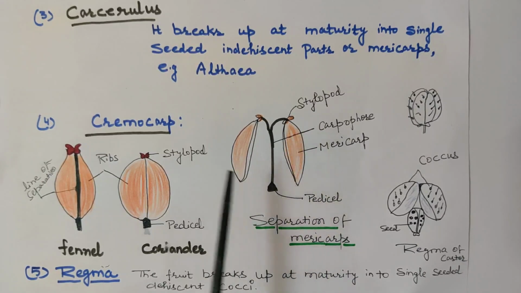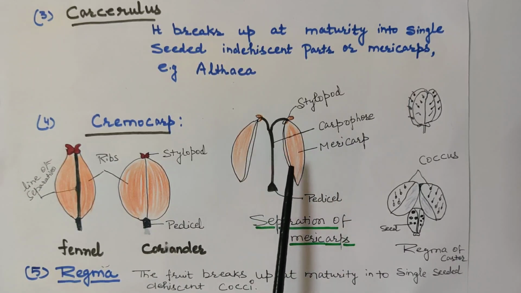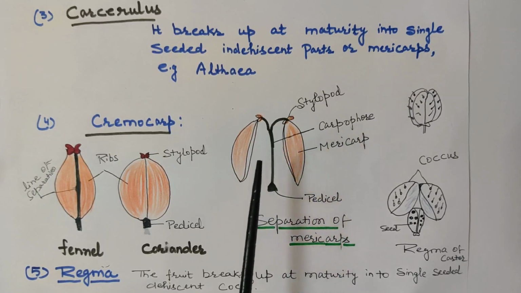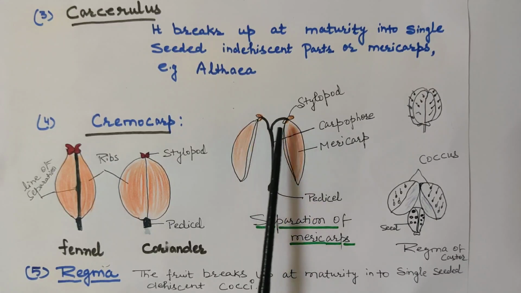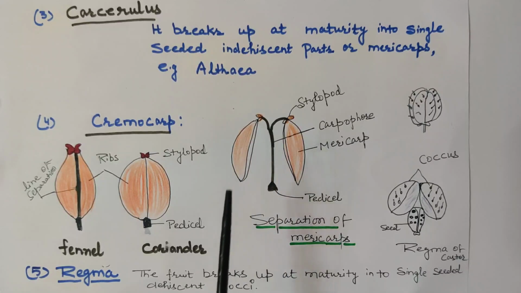Examples of cremocarp, as we already discussed, are fennel and coriander. Mericarp temporarily remain attached on the carpophore, which may also split terminally. Like here you can notice that the carpophore is splitting at this terminal end, but both mericarp are attached on the main axis.